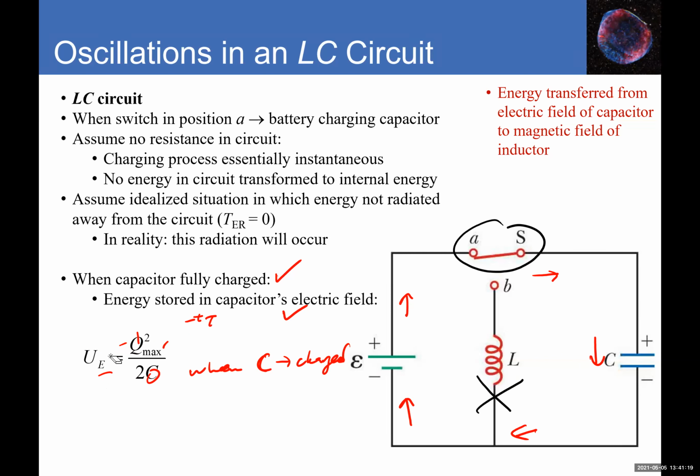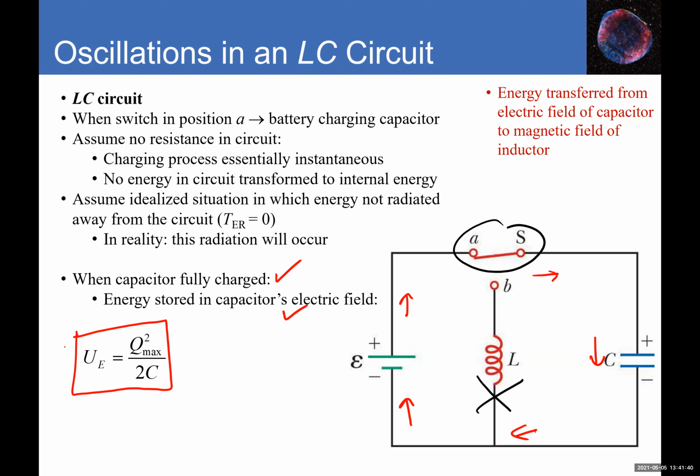By the way, this is the amount of energy that was stored, U_E equals Q max squared divided by 2C, in terms of the maximum charge squared divided by 2 times the capacitance. We've seen this before. That's the amount of potential energy stored in the capacitive plates.